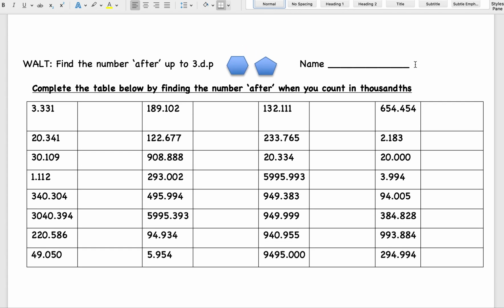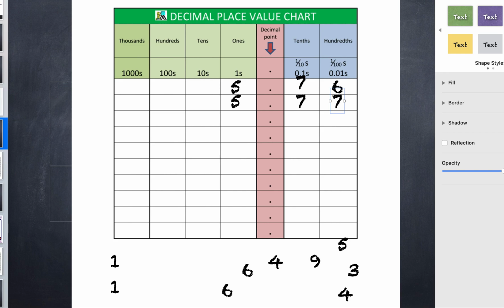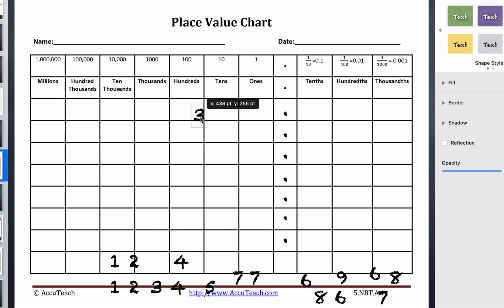Hexagons and pentagons, exactly the same process. Instead, you're looking in the thousandths column. And not like yesterday where you were subtracting when you were finding the number before. Today you're finding the number after. Okay, so let's again look at our second place value grid. And if we had the number perhaps 34.696, we're finding the number that comes after 34.696.